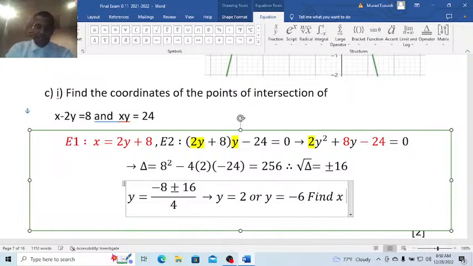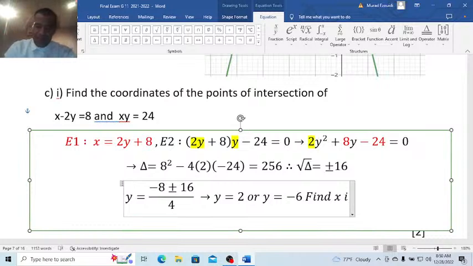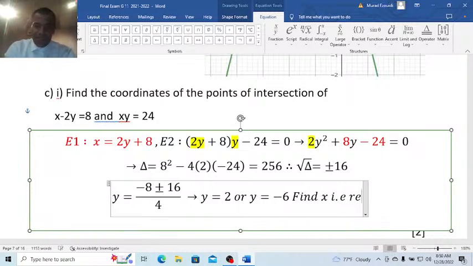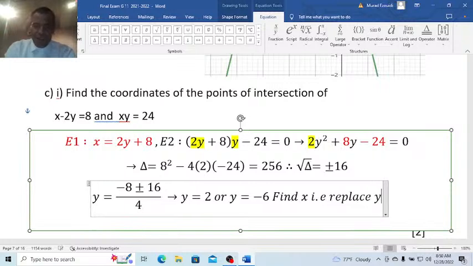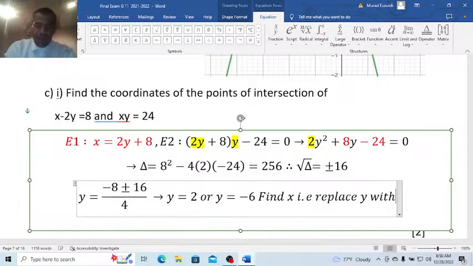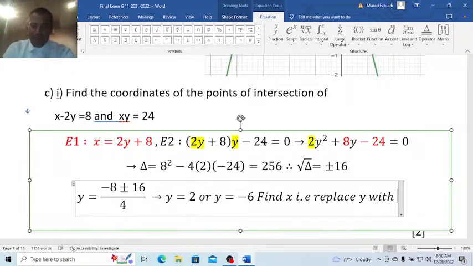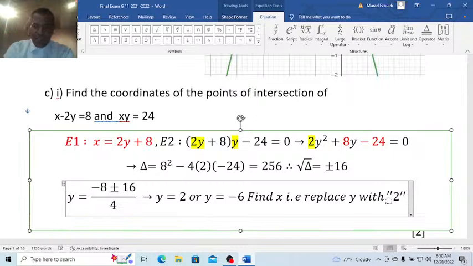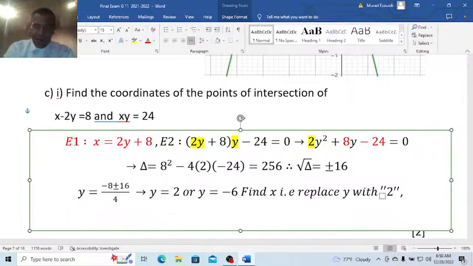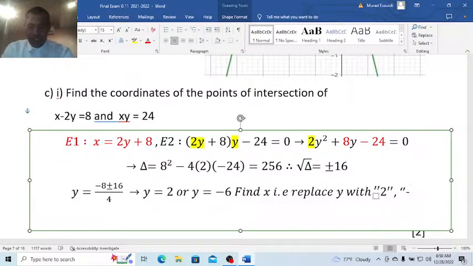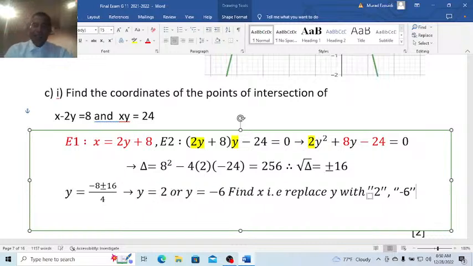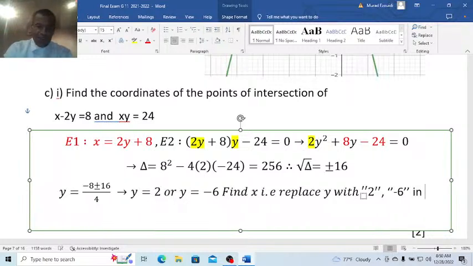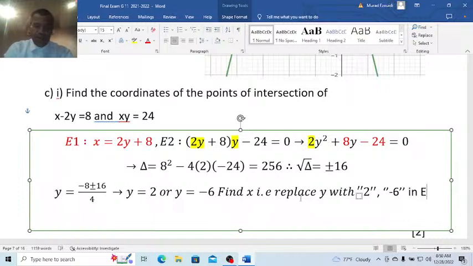Find x means you are going to replace y with, first of all, between parentheses, 2 and negative 6, in which equation? In equation 1.